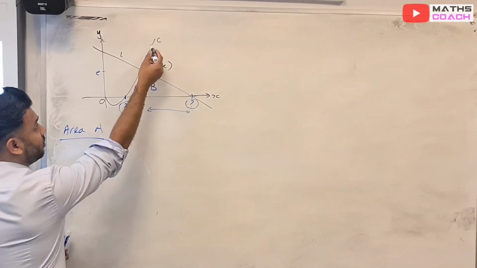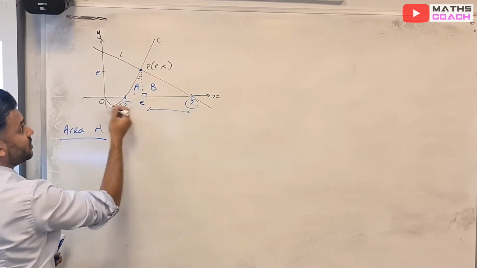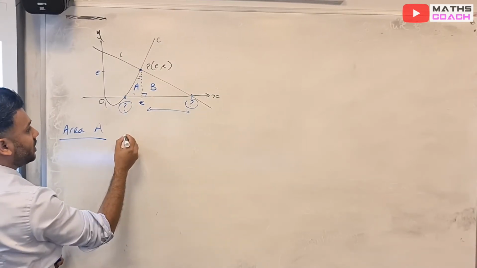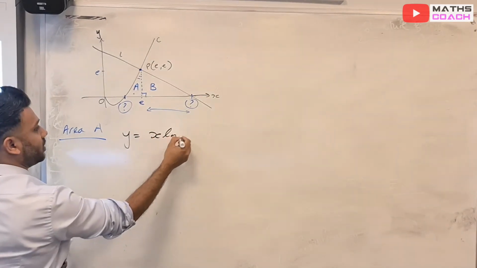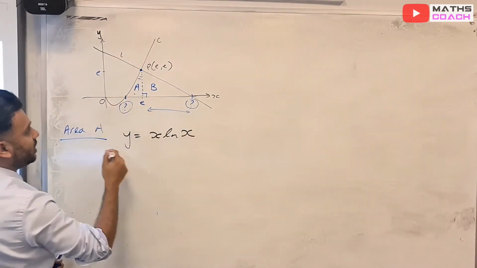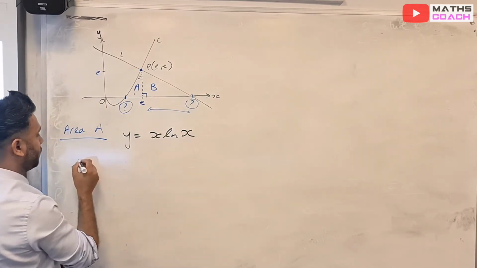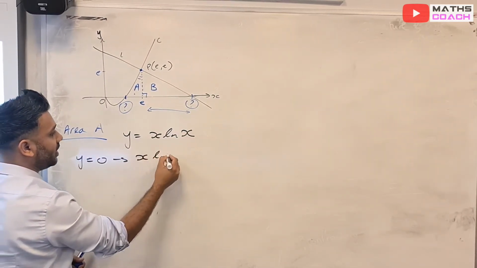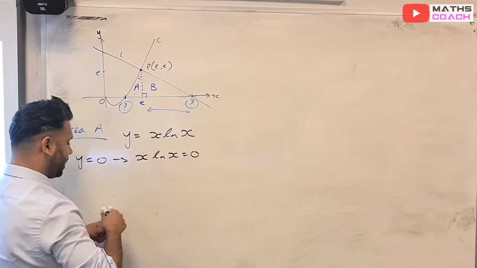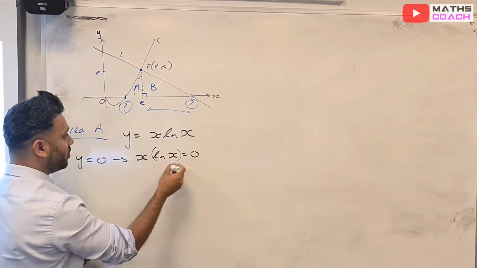This is one of the roots of the curve C. The equation of curve C is y equals x ln x. And it crosses the x-axis when y is 0. So if you set y equals 0, you get x ln x equals 0. And here, x and ln x are multiplying each other.